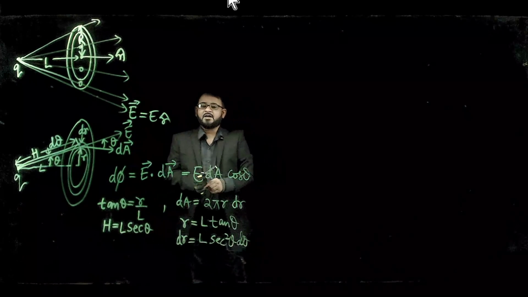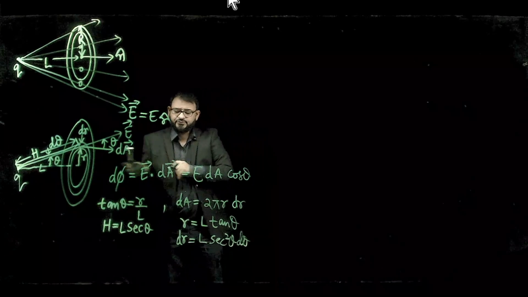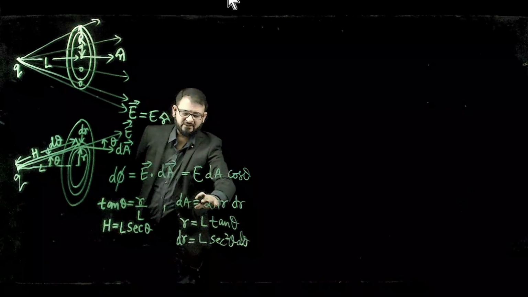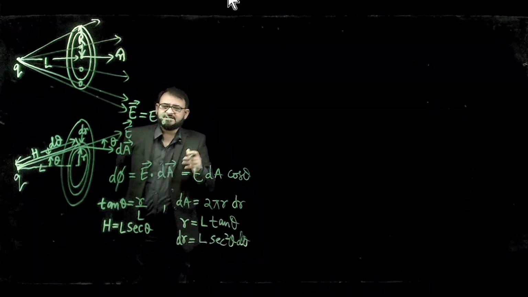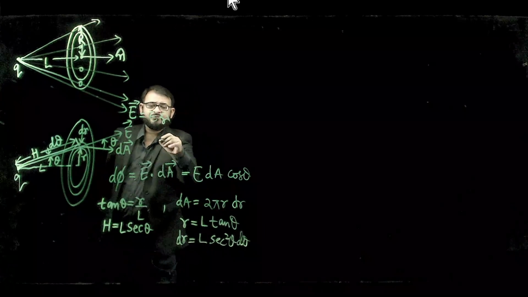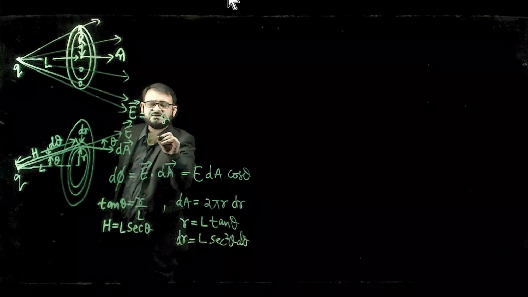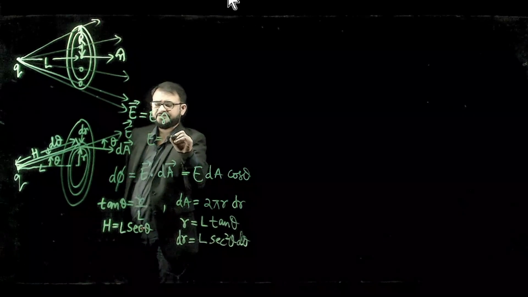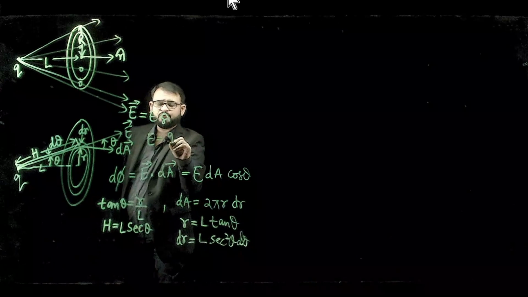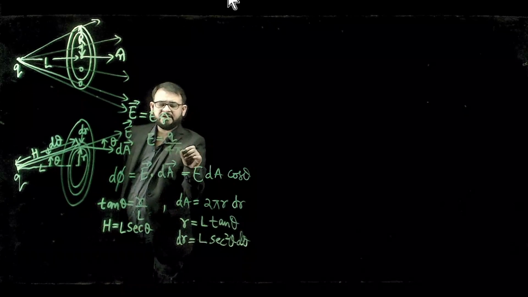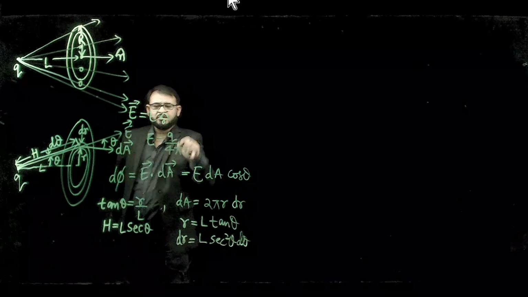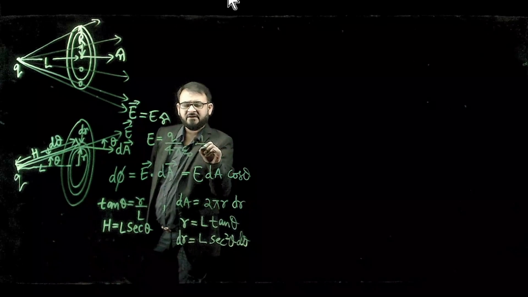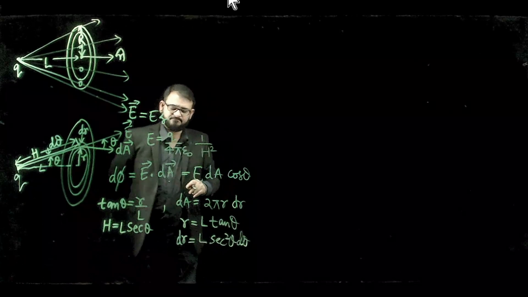All right. Now the next thing we are going to do is, we are going to introduce these values. Okay. First, let's calculate everything. What will be the electric field at this point? Electric field at any point on this ring will be E is equal to Q by 4 pi epsilon naught times 1 by h square.